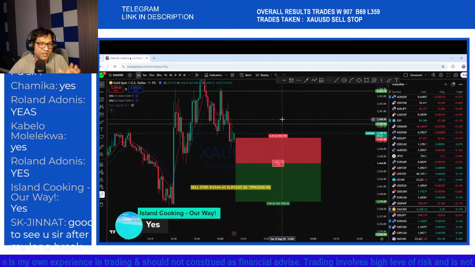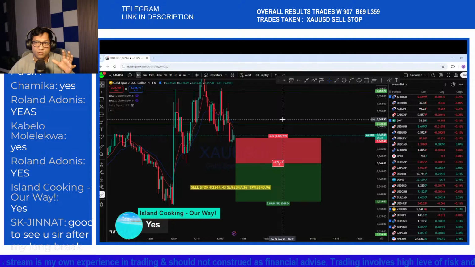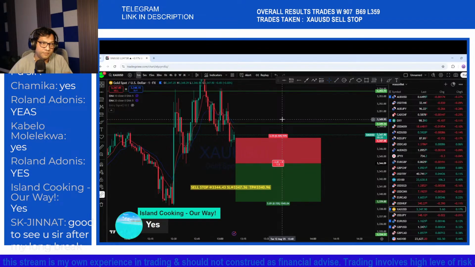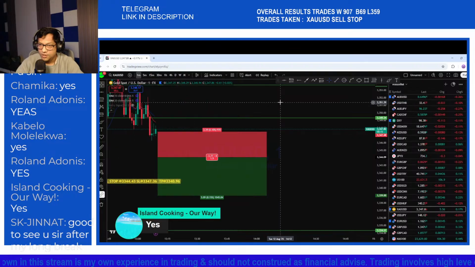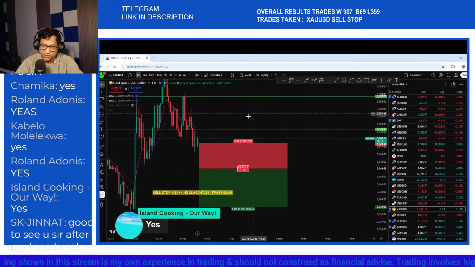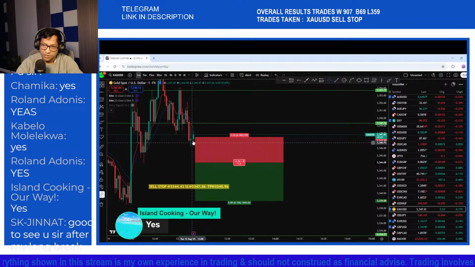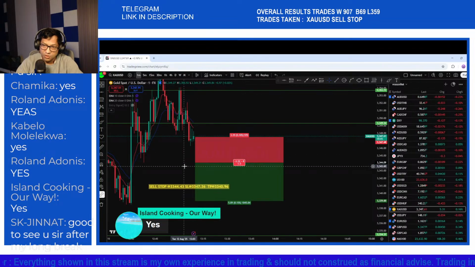Smaller candle means consolidation. So if you see on the 5 minutes a smaller candle, or on 1 minute, that consolidation can give you a stronger breakout or breakdown. So here is a smaller candle. Now this consolidation can have a stronger breakdown or breakout.